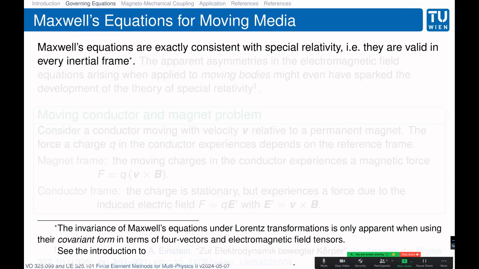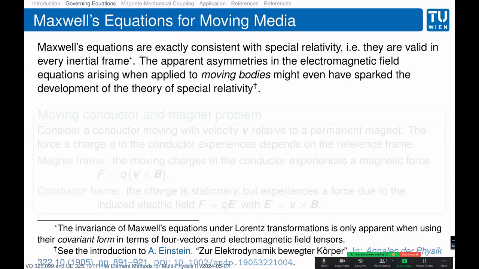That doesn't matter, but with Maxwell equations, you have to be a bit careful with frame independence. They are apparently asymmetric. So depending on which frame you formulate Maxwell equations in, they look a little bit different in structure.